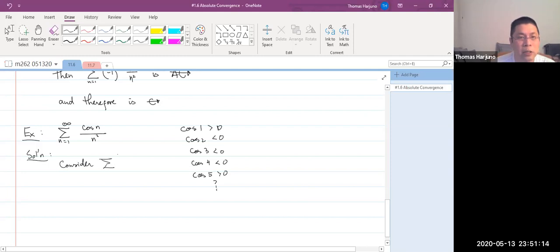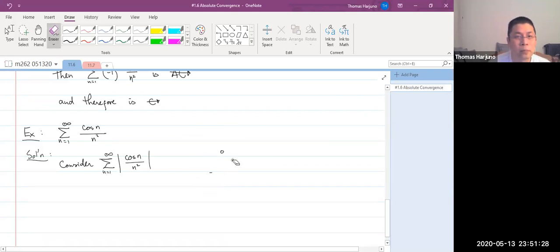Consider the series of the absolute value. I want to say that this is less than or equal to the series of 1 over n squared.